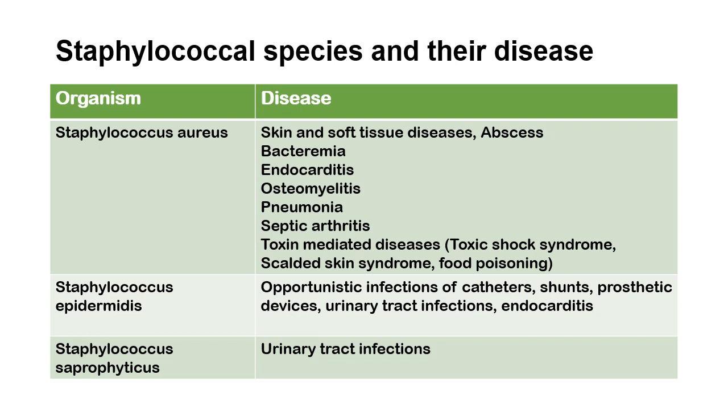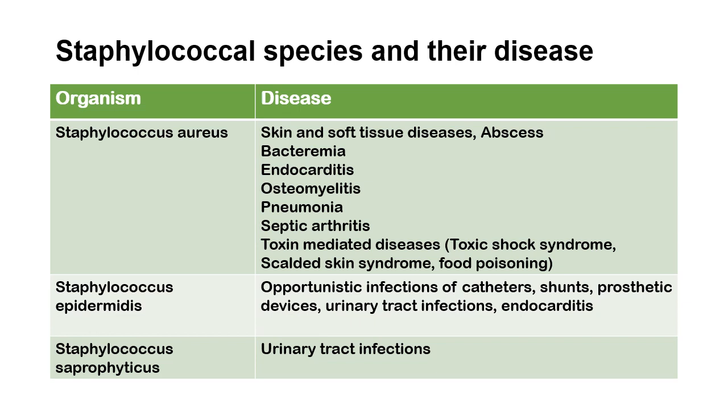It can cause endocarditis, that is infection of the heart, osteomyelitis, inflammation of the bones, pneumonia, that means infection of the lungs, septic arthritis, infection and inflammation of the joints and the bones. And then there are certain diseases which are induced because of the toxins produced by this bacteria.